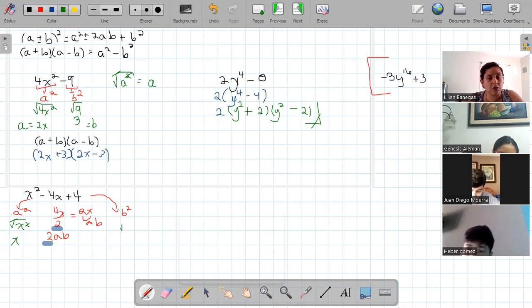And in this case, we got the square root of 4. What is the square root of 4? What number multiplied by itself will give me 4? 2. So according to this, this is a and this is b. We got in the middle a times b. If we multiply the a that I found with the b that I found, do I get this ab?